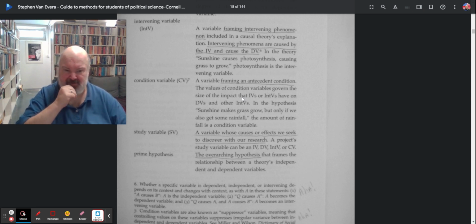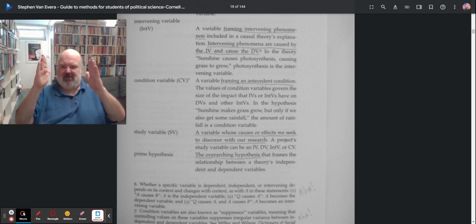Mostly, all these other things can be just a simple variable, or they can be a conditional variable, a variable framing an antecedent condition. The values of a conditional variable govern the size of the impact that the IV or the INTV will have on the DV and other INTVs. In other words, it depends.